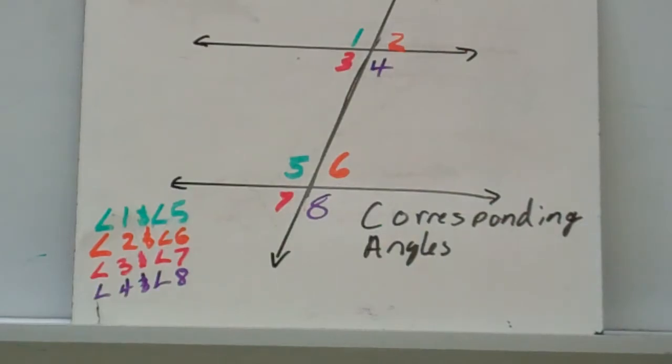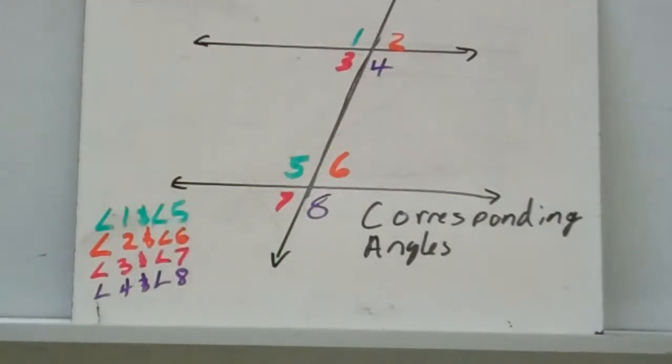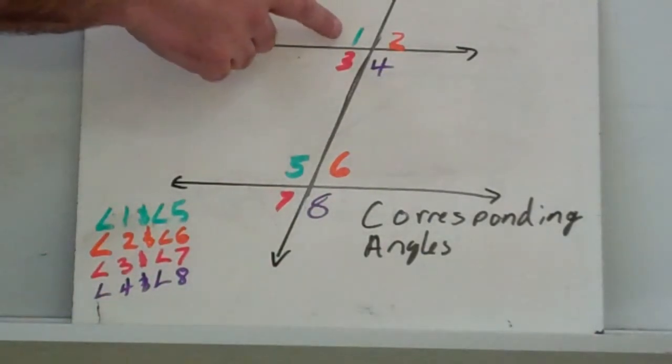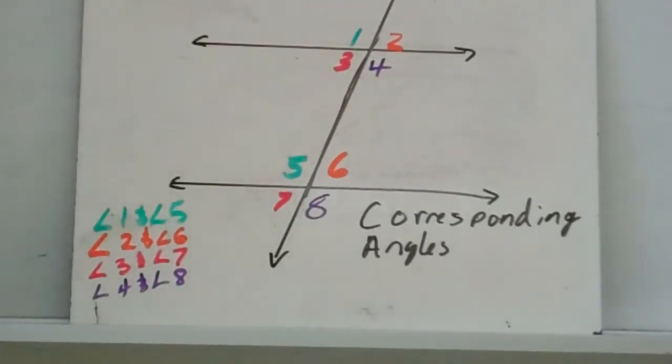So I have used 4 different colors to show the corresponding angles. Basically, corresponding angles, for lack of a better term, will correspond with the same angle in the same place on the other half of the transversal.